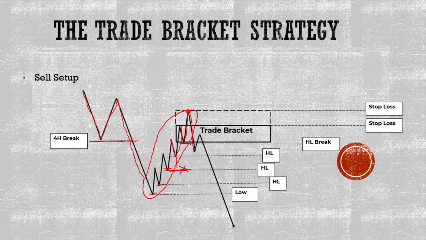And as soon as we get the notification, we come back to charts and draw our trade bracket. So this lower line right here will be where we place our pending order, and this right here will be our sell limit pending order, because price pulls back. So we draw our trade bracket, then place our pending order, and leave the charts.